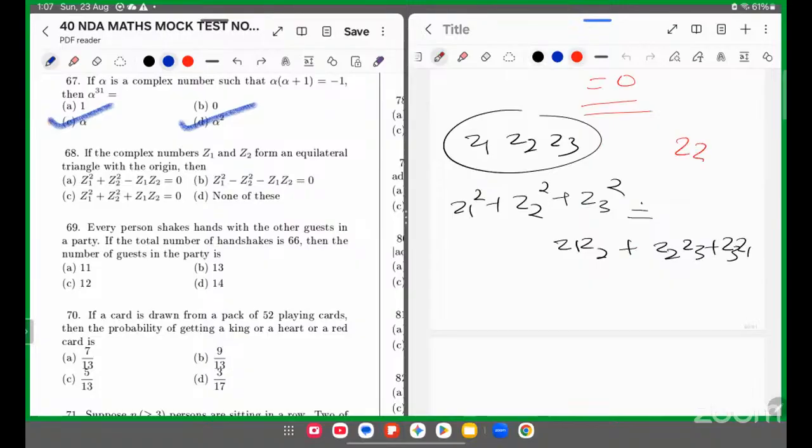Since Z3 is equal to 0, this becomes 0, this becomes 0, this becomes 0. So Z1 square plus Z2 square minus Z1 Z2 becomes equal to 0. That is why option A is the correct answer. Okay.